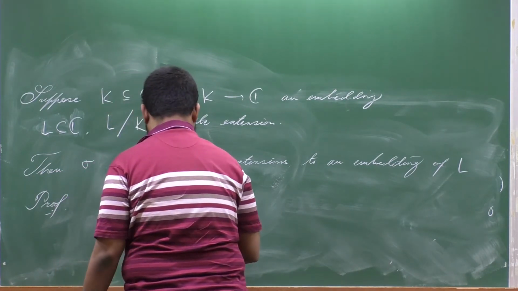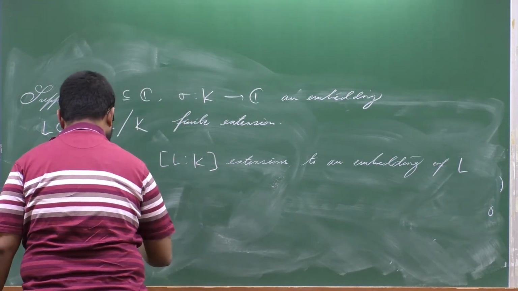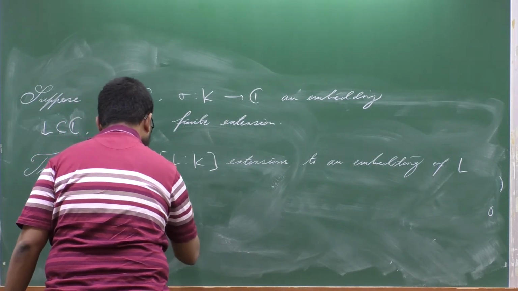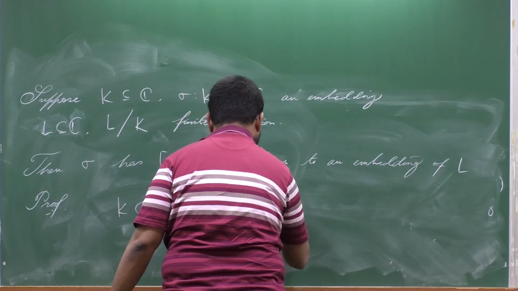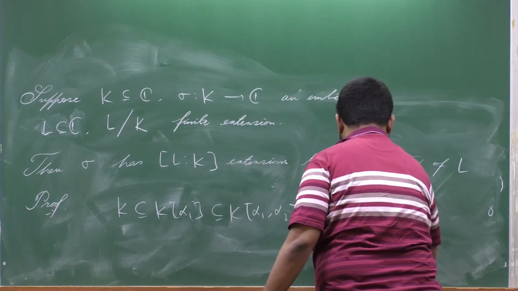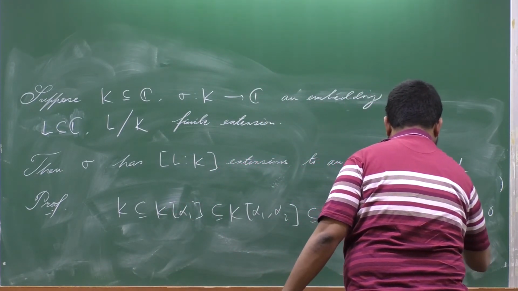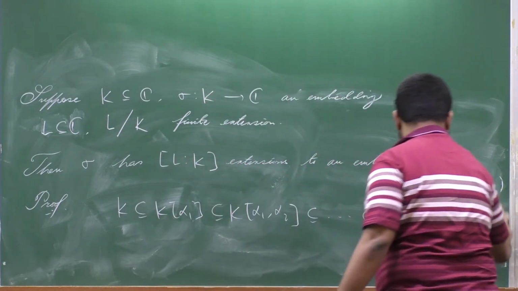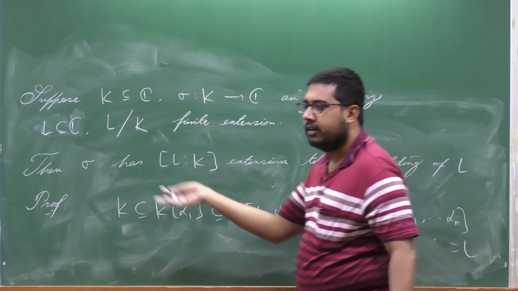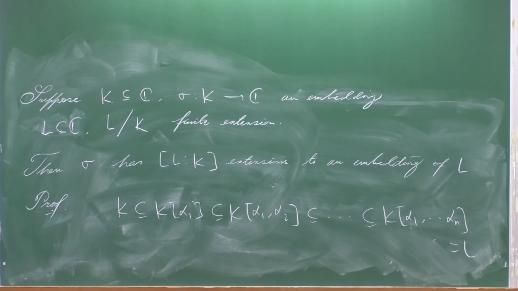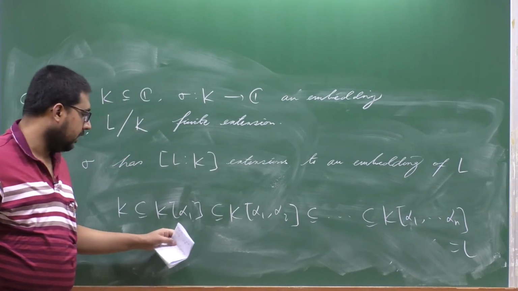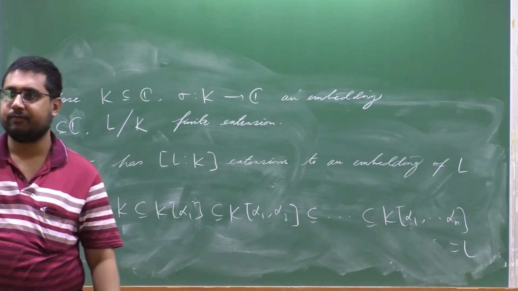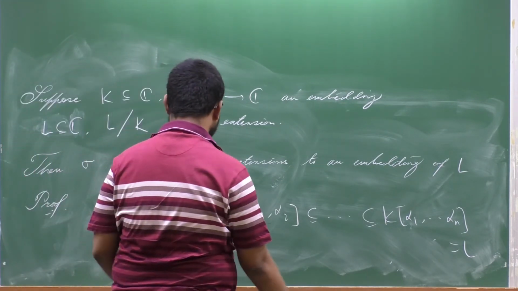So we can choose elements alpha 1, alpha 2 and so on such that the result is going to be L. I told you the procedure: you first find something from outside K. If L contains K properly, and that becomes L, we stop, otherwise we take something from the outside, and in each step the dimension of the vector spaces is increasing, and therefore it cannot go on indefinitely.